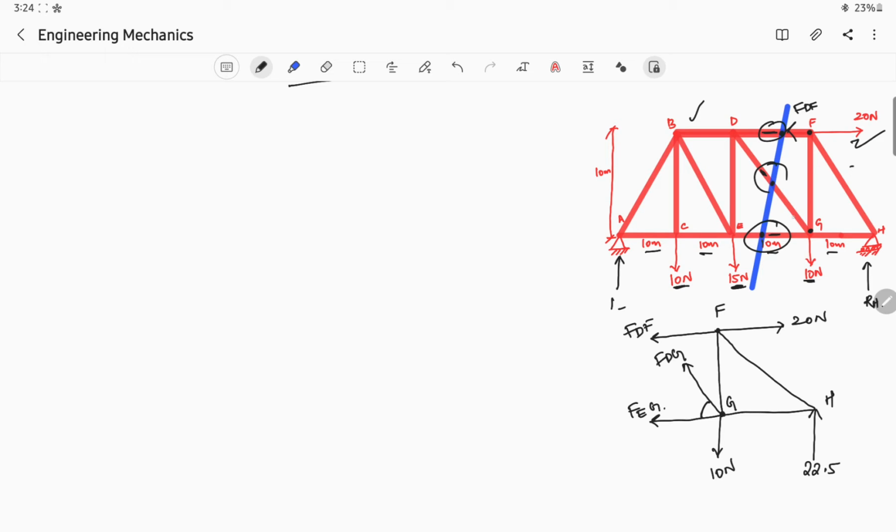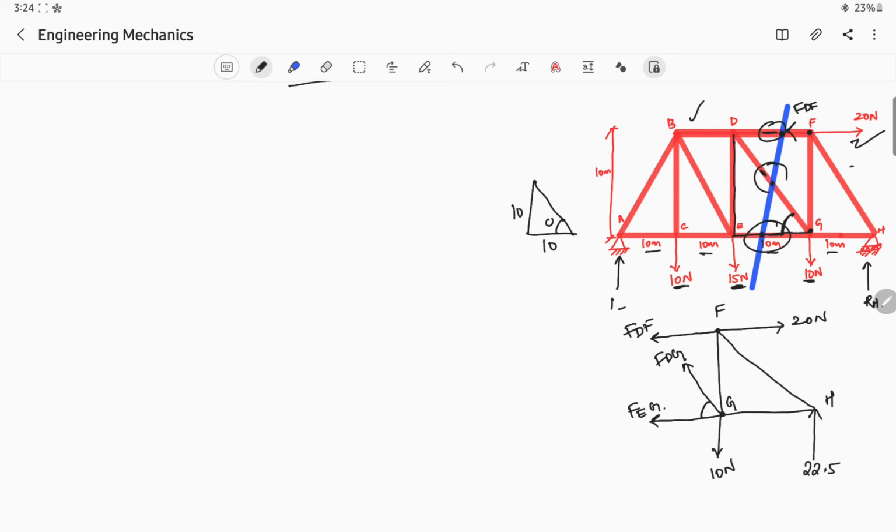We all know that this angle is 45 degrees. How 45 degrees? This horizontal distance is 10 and vertical distance is also 10. See here, this is the triangle, and this is 10 and this is also 10.